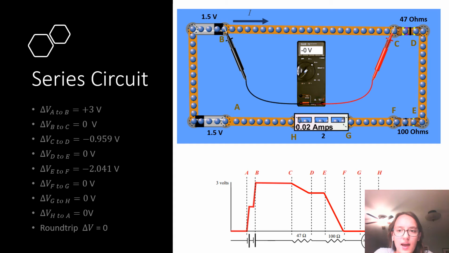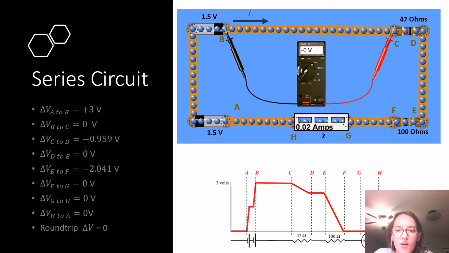Okay, and after that, we put the circuit back together, and we measured the changes in potential across different elements like batteries, wires, resistors, and ammeters. To the left you can find the changes in potential. Across the battery we have a +3 volt change in potential.